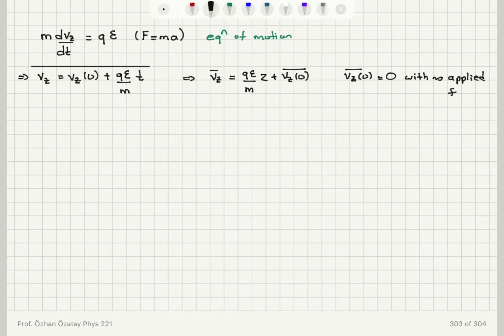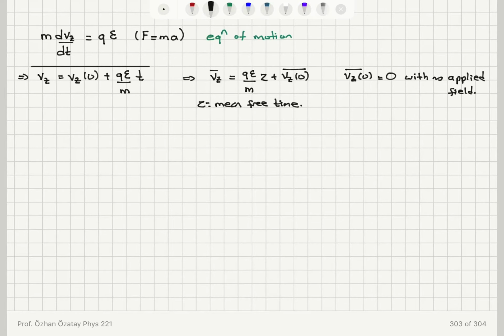After each collision, we have basically a random velocity distribution, and the mean value of Vz0 will be 0, and then in the time interval tau, we're going to have a mean speed q epsilon over m tau. So tau is the mean free time.